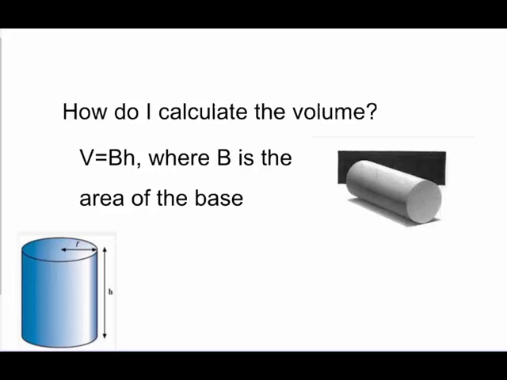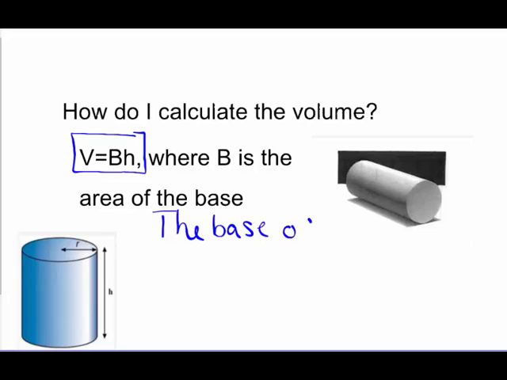The volume for any prism is the area of the base multiplied by the height, where the capital B is the area of the base. You'll notice that a cylinder has a circle base.